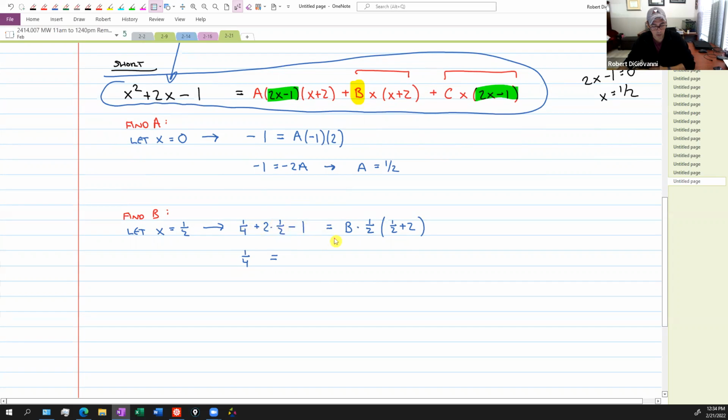So 1/4 equals b times a half plus 2, which is 2.5, that's 5 halves. So 1/4 equals 5/4 b, and then I can multiply both sides by the reciprocal, and you should just get 1/5 for b.